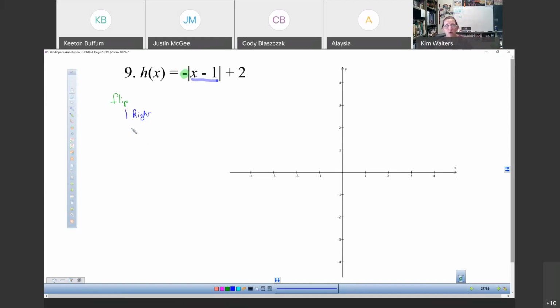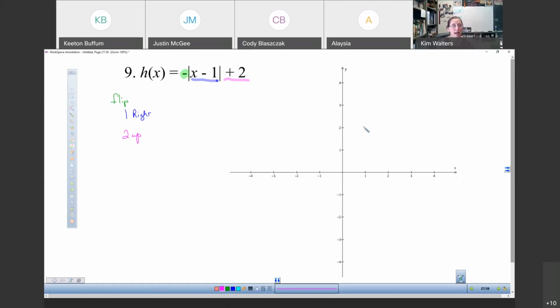Then we're going to flip it over. And then finally, we're going to look at this +2 out here at the end, and that is going to be 2 units up. So our basic function is going to be our V shape. It's going to shift 1 unit to the right because of that x minus 1. Then it's going to flip upside down, and it's going to shift up 2.